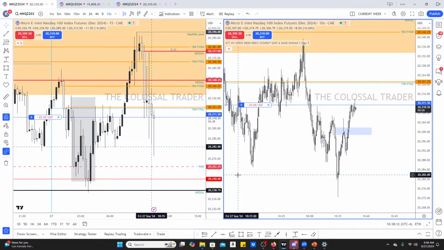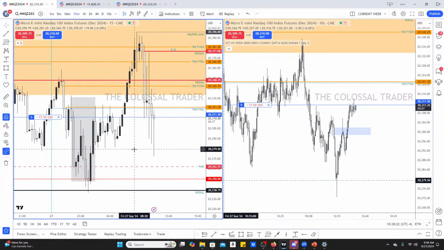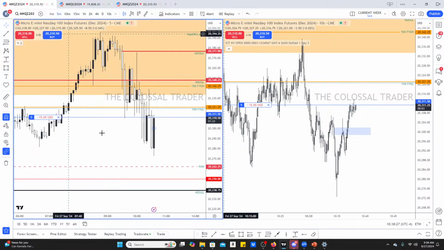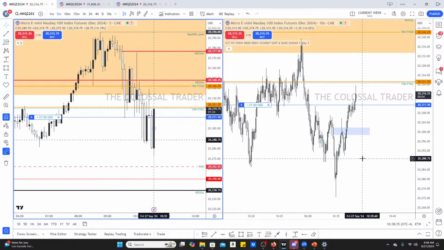Dollar bill, y'all. I'm gonna put my stop loss right here. Okay.